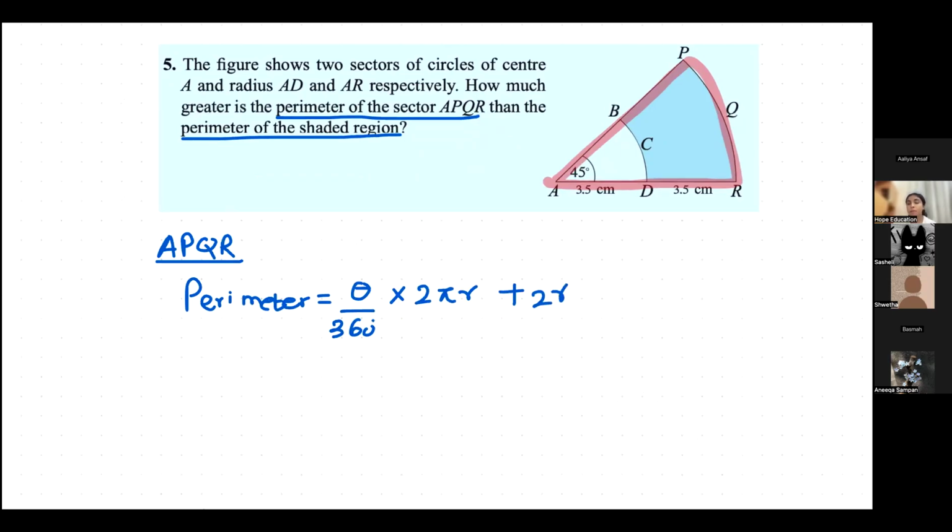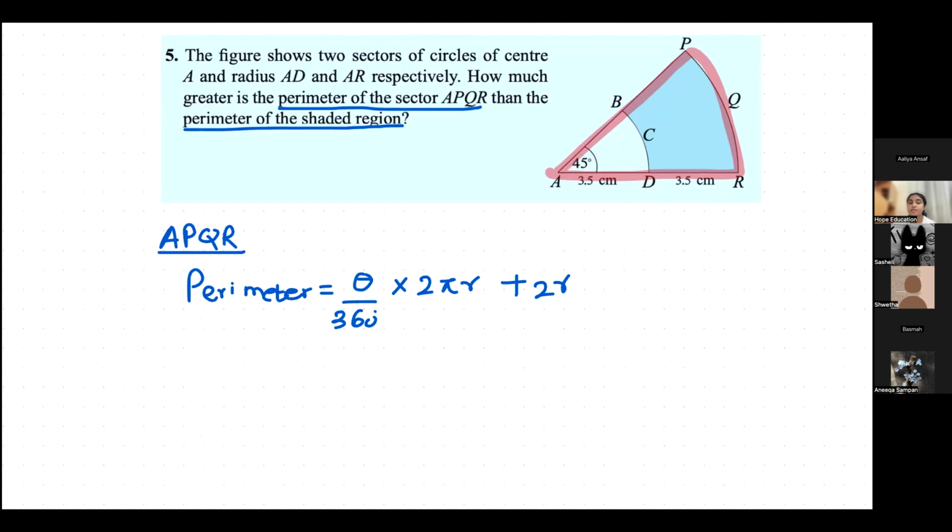If you take this sector that I marked in red, what is theta? 45, yes. If you take this sector, it is 45 degrees, right? Theta is the angle, that is 45, divided by 360, multiplied by 2 pi, where pi is 22 over 7.